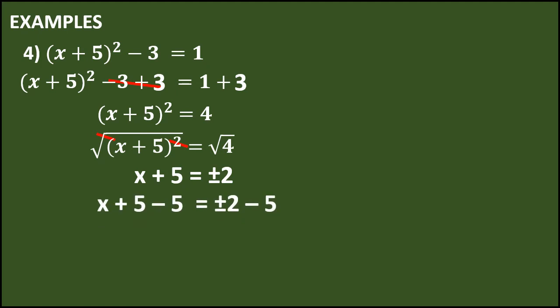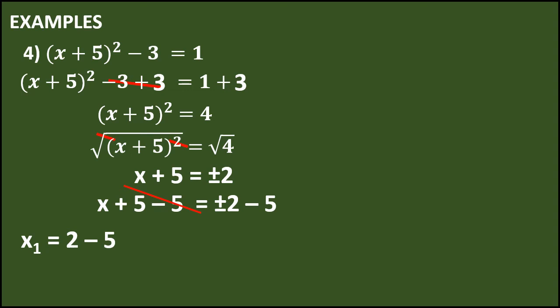Using the additive inverse, we add negative 5 on both sides of the equation. Again, we have positive 5 and negative 5. We can cancel that because that is equal to 0. Our answer will become x is equal to positive and negative 2 minus 5.